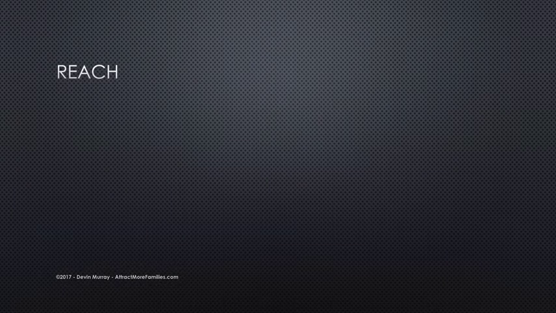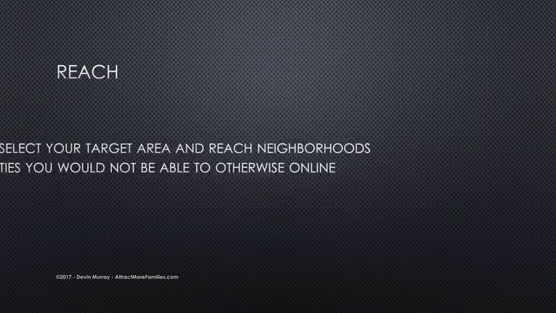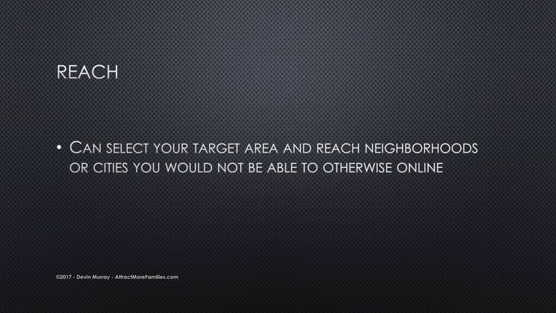All right, so the third thing that I really love about Google AdWords is the reach that it gives me. So I can select a target area. Again, as I talked before, I can reach different neighborhoods. I can reach cities that I might not otherwise be able to. I can also reach circumferences. I find this is really powerful when you are right on a borderline between zip codes.